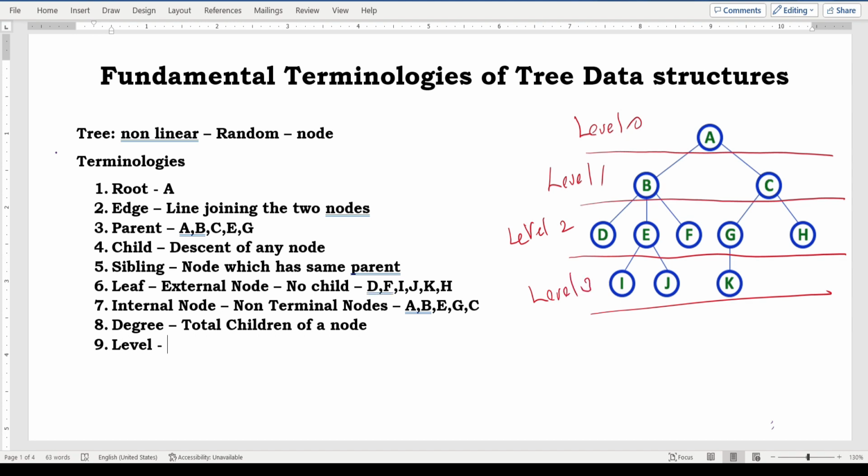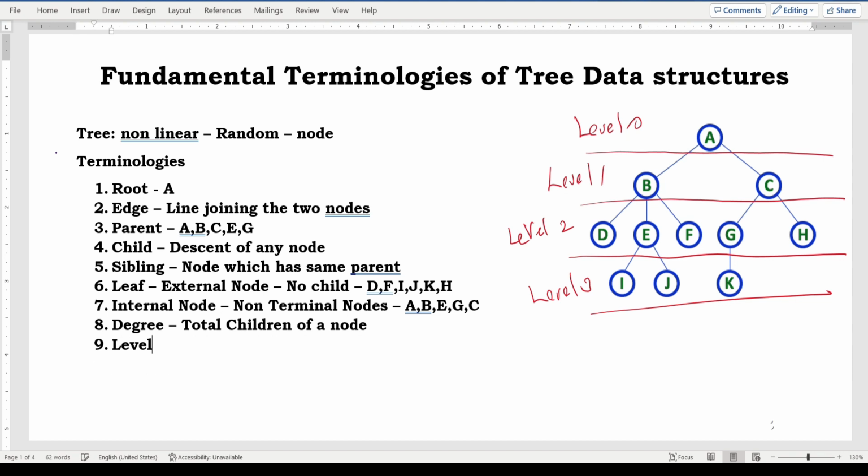So this is the level. In this one we have 3 levels, so no need to define this one.